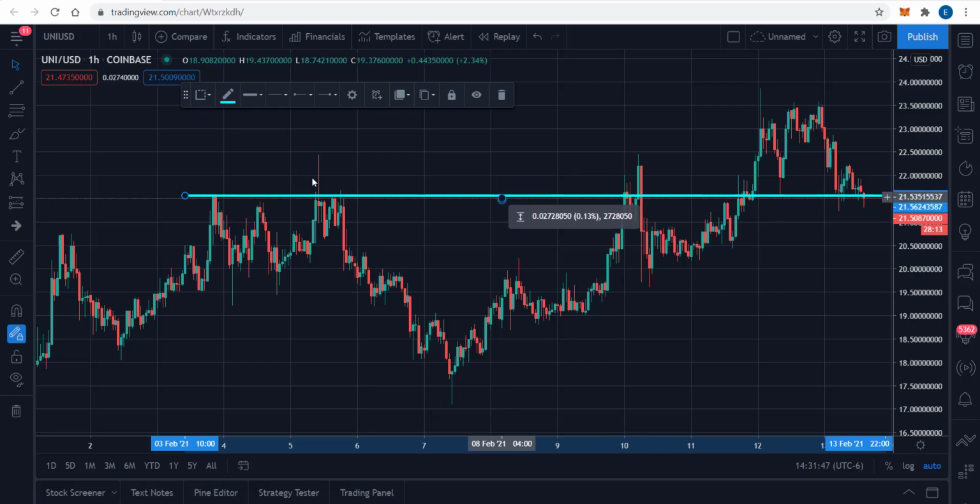Back on February the 3rd, we see that this level played as resistance, and it approached it again the next day, February the 4th, and then it held as a significant resistance level and never really got to playing support around February the 10th.